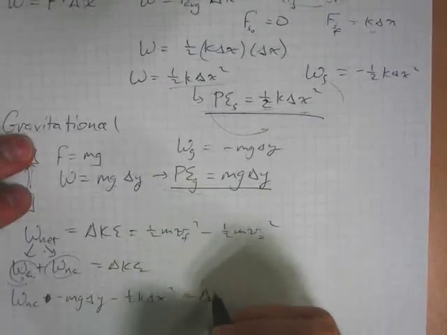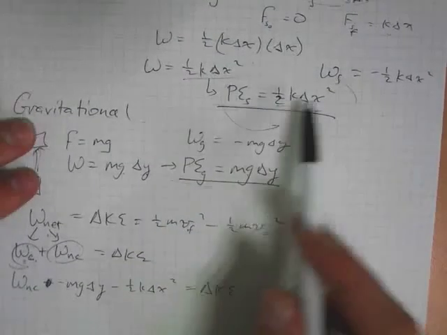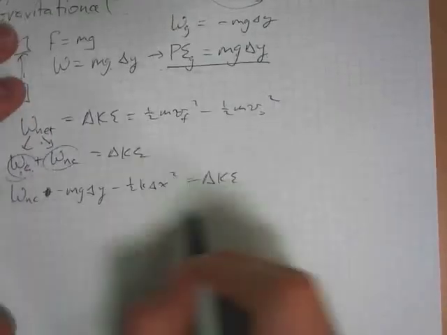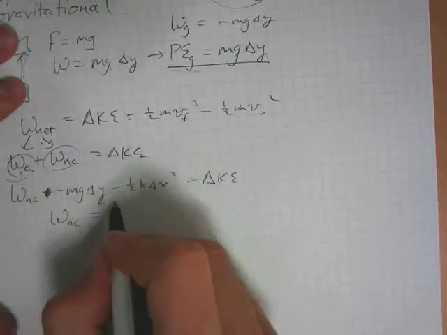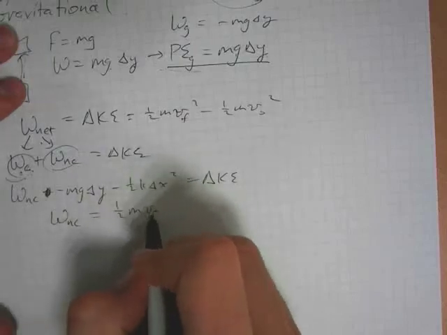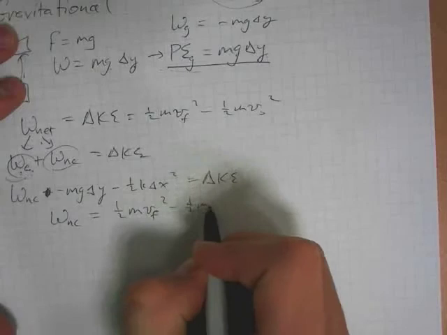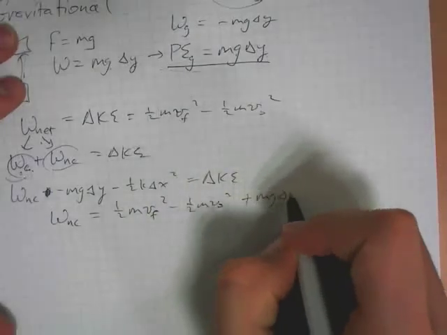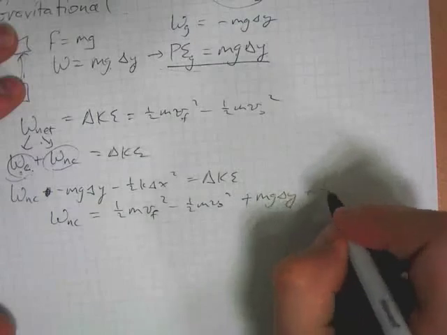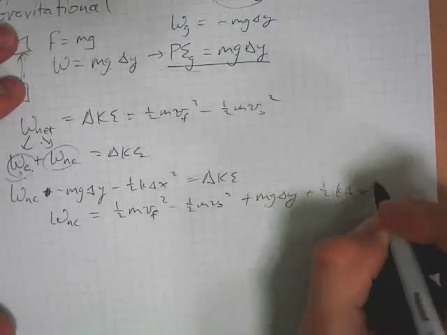The reason that we define potential energy as the positive is now if we look at this, we can rearrange this and say the work done by non-conservative forces is 1/2 mv final squared minus 1/2 mv naught squared plus mg delta y plus 1/2 k delta x squared.